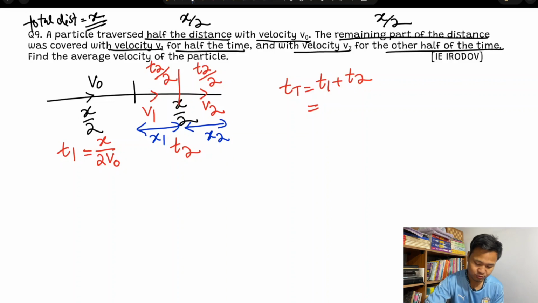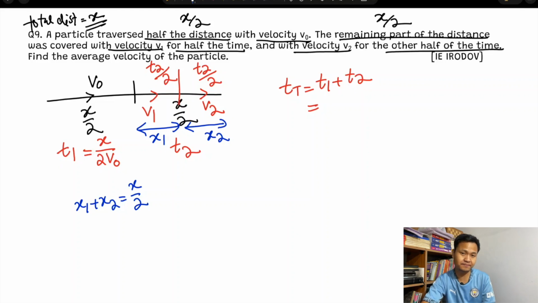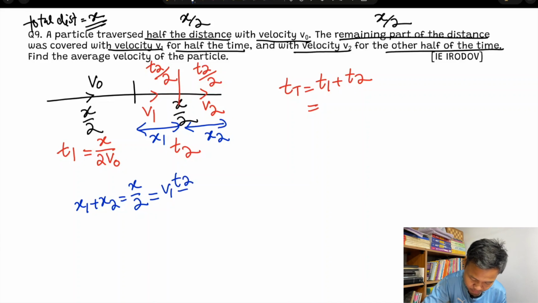Then x1 plus x2 is nothing but x by 2, because that is the second part of the total distance. x1 is speed into time, so v1 into t2 by 2.